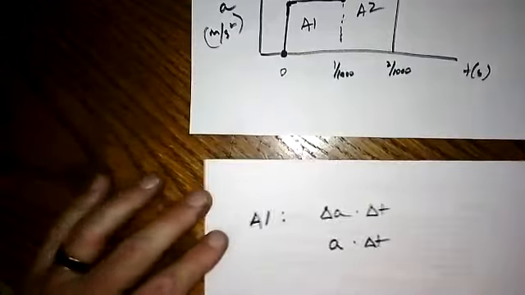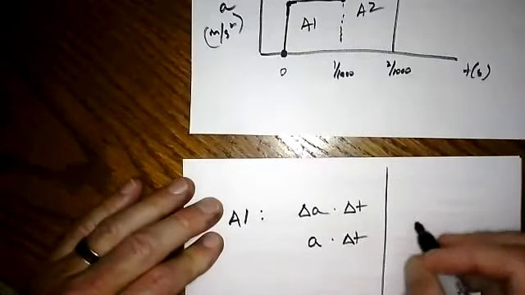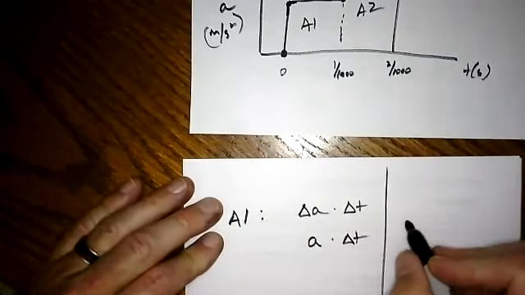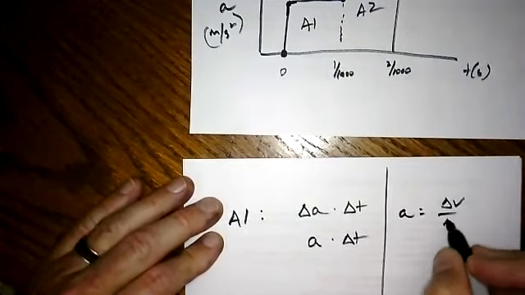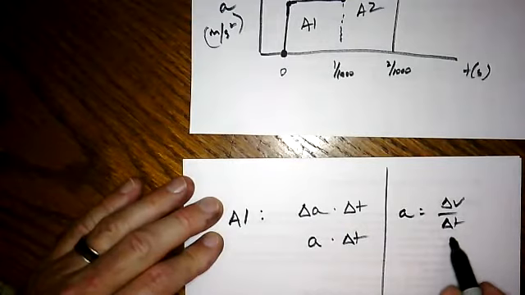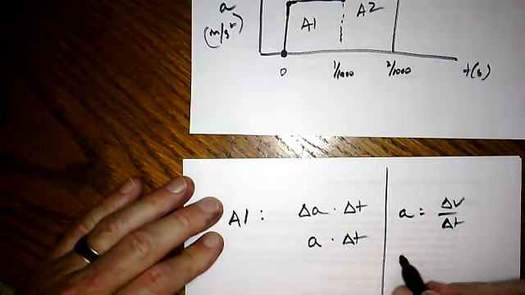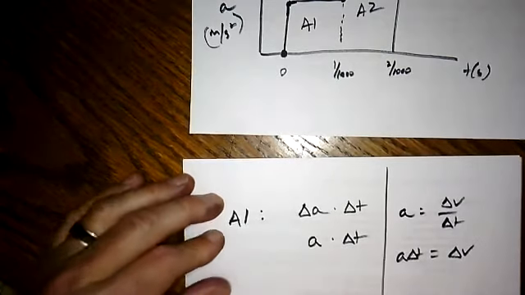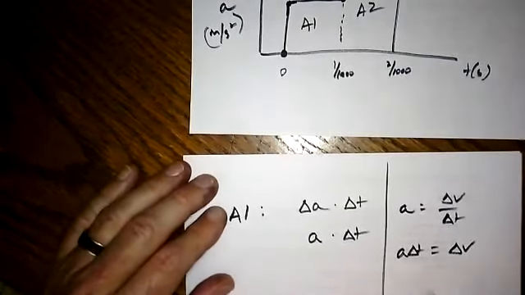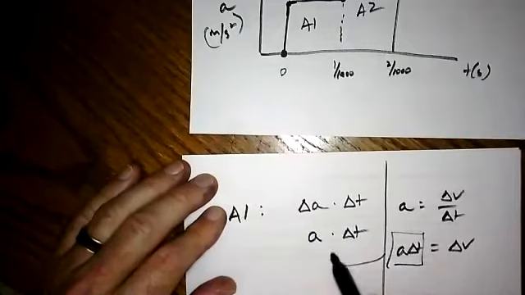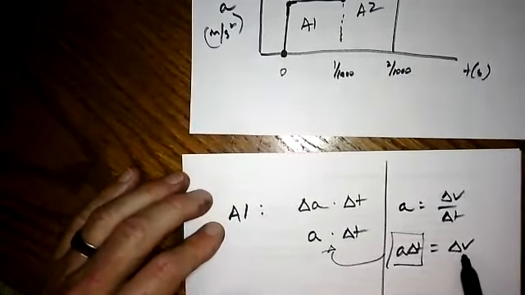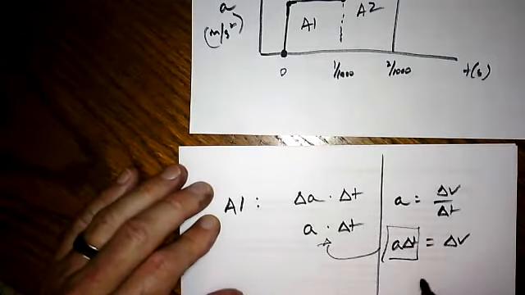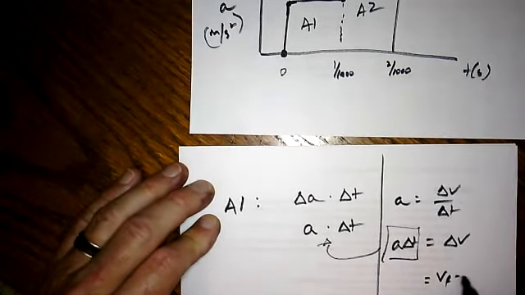I'm doing that purposefully so you look at that and say, oh, that looks like an equation. What equation is that? Well, let's look at this as A equals delta V over delta t. If I move that delta t over, I get delta V. This is that equation right there. But I have delta V here. What's delta V? It's final minus initial.